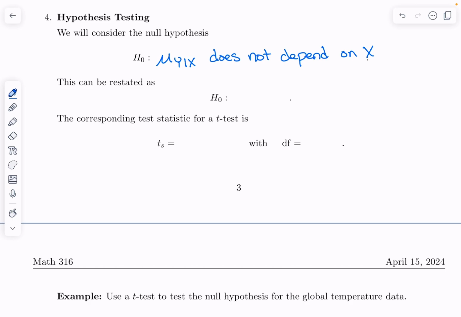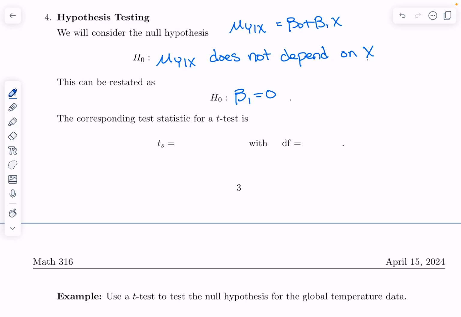But you'll remember that mu of y given x is supposed to be beta 0 plus beta 1 x. So if that does not depend on x, what we're really saying is that the slope is 0. So our null hypothesis, the best way to state it for our slope, is that the slope is 0.